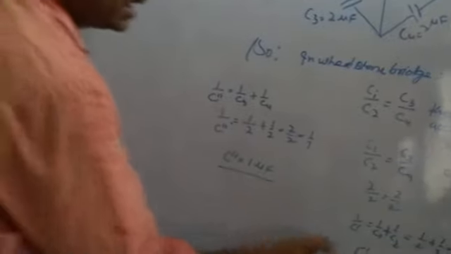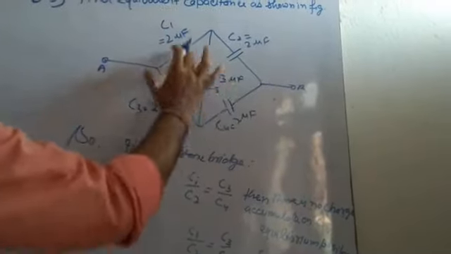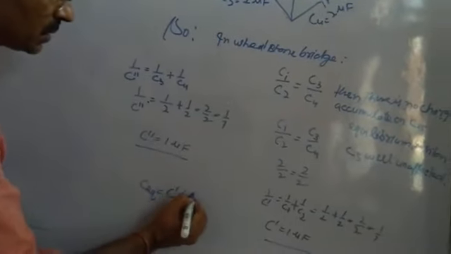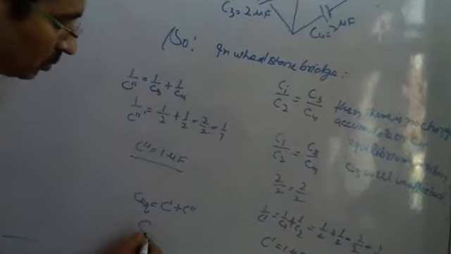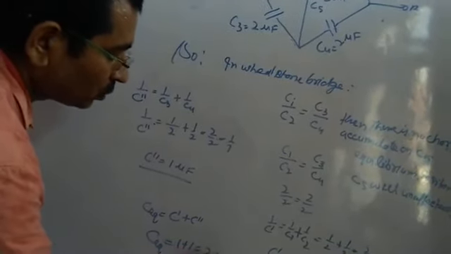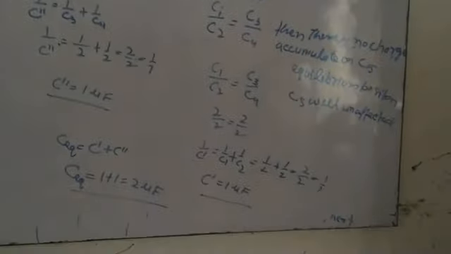But now this and this combination, there are two paths, so this is in parallel. C equivalent equal to C dash plus C double dash. C equivalent equal to 1 plus 1, 2 microfarad. This is the answer.